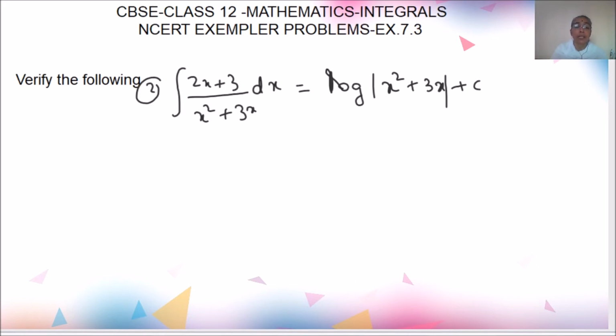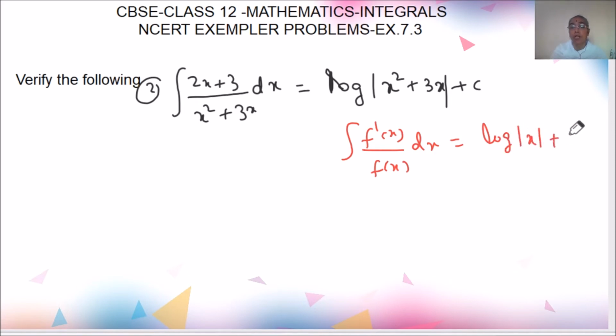We know the formula very well. Shall we check that formula? What is the formula? Integration of f dash of x divided by f of x dx. That is, if the numerator is the differentiation of the denominator, then the answer is nothing but log mod f of x, right? Yeah, fine. So let us check whether we will be able to bring this given function in that form.